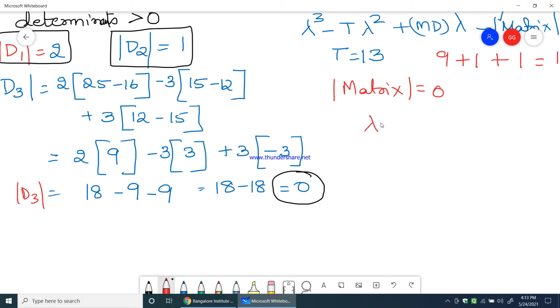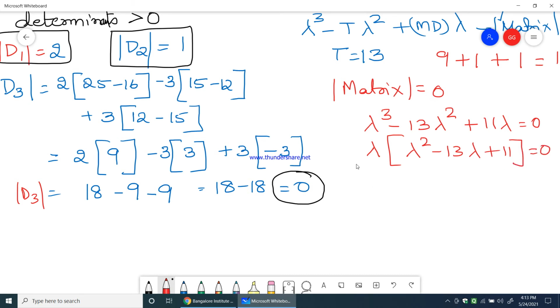Therefore, I will get lambda cube minus 13 lambda square plus 11 lambda equals 0. So, I will take lambda common here: lambda square minus 13 lambda plus 11 equals 0. Now, I need not do further, because here you see lambda equals 0 first, and then you get another 2 values of lambda, but we have received one of the eigenvalues to be equal to 0.